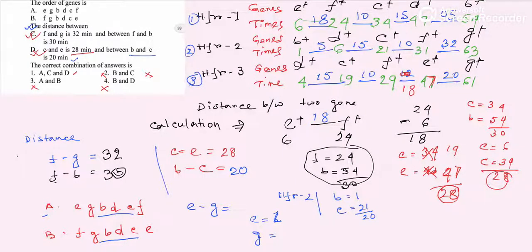So we can easily say E is 47 and G is 61. So the distance between them is 14.